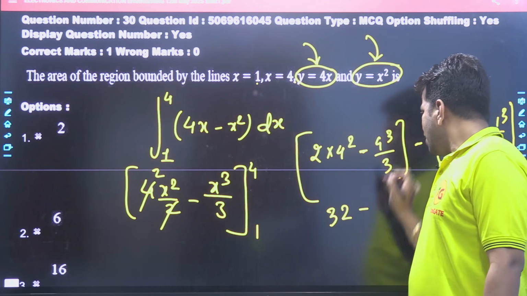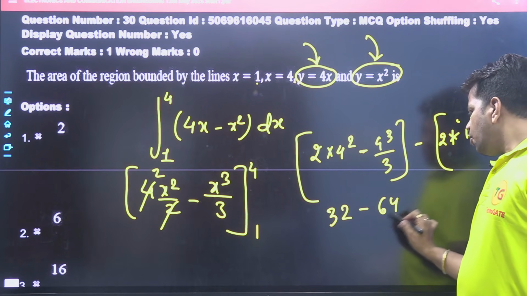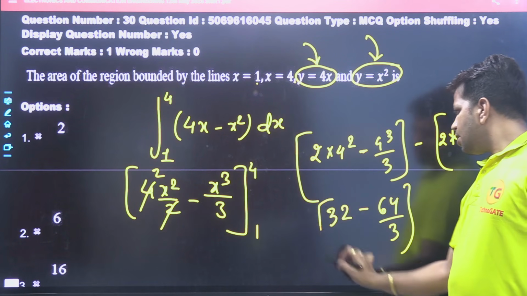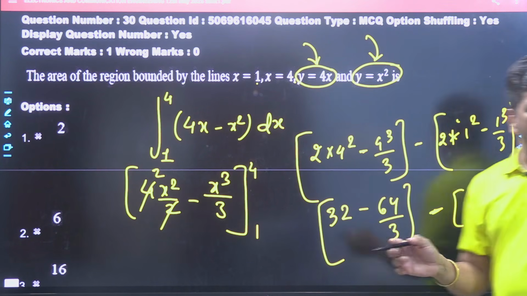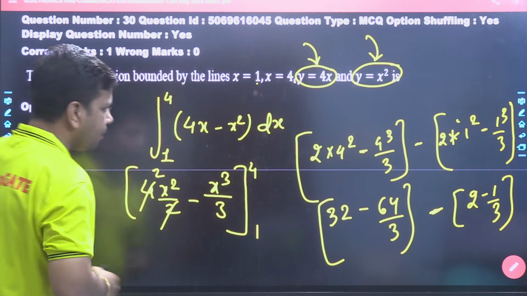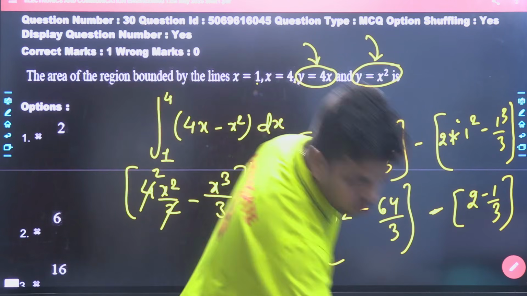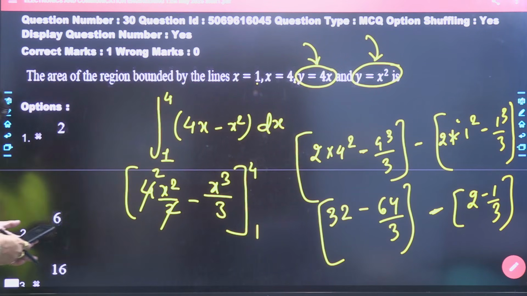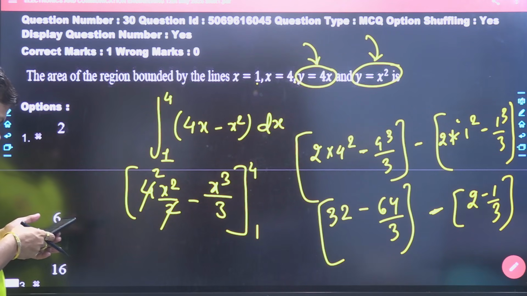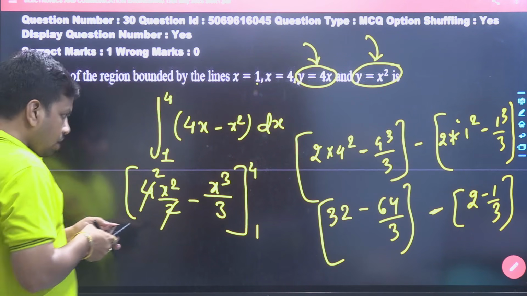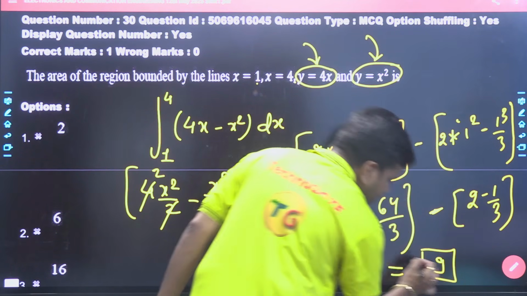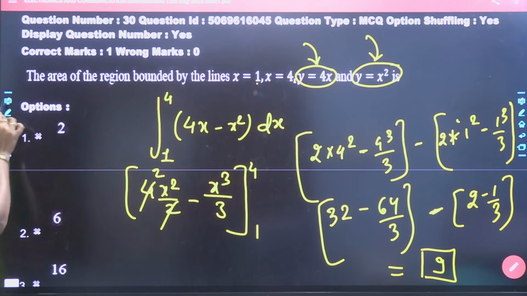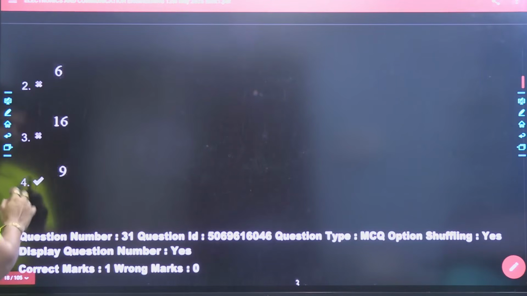So this is 32 minus 64 by 3, and here minus, this is 2 minus 1 by 3. Now we need to evaluate this equation. Just use the calculator. By evaluating using the calculator, it gives you the answer 9. Okay. So simply you can go with the answer 9. Which option gives you 9? You can see, the fourth option.